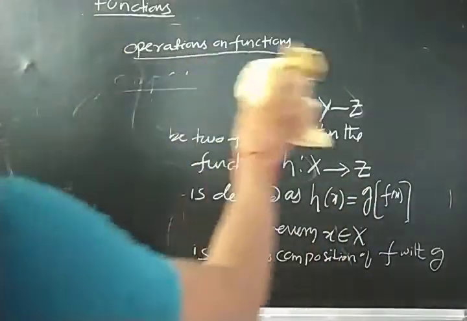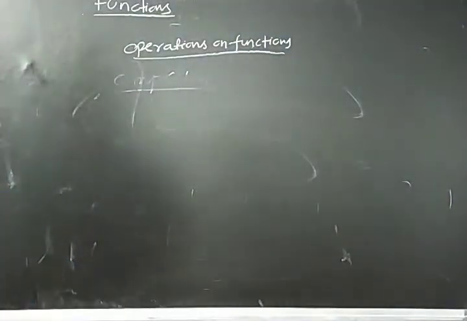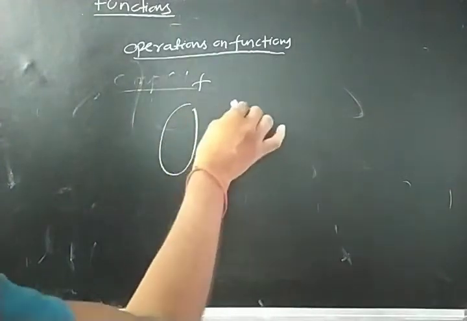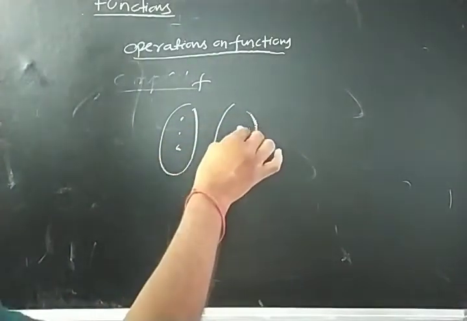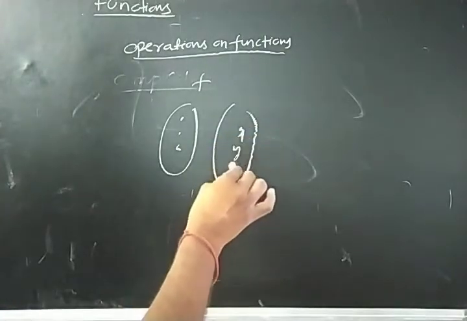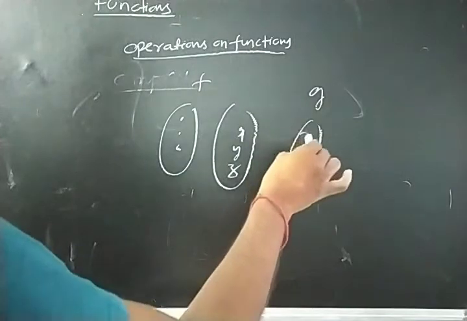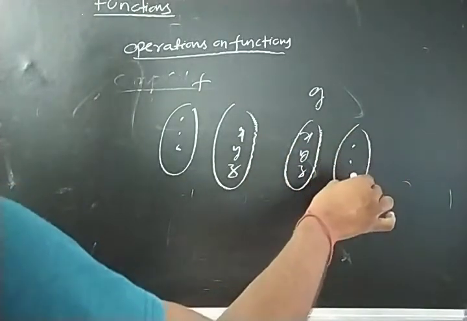Okay, let me explain this with an example. Suppose I have one function f here, which has a domain and codomain. Here the domain has 3 elements and the codomain has x, y, z. And I am taking another function g. Here g has x, y, z as its domain and the codomain has 3 elements.